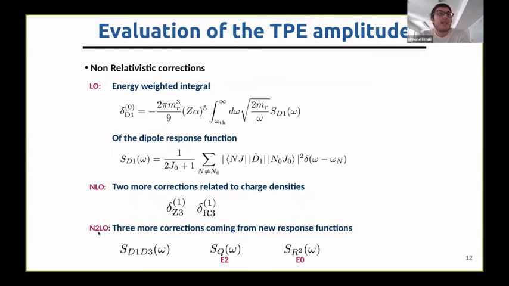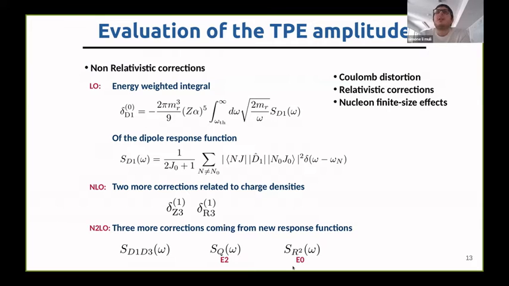And then at the next leading order, we found three more corrections coming from three new response functions. I just want to mention that this SQ is an electric quadrupole response function, whereas this SR squared is an electric monopole response function. And then we have other corrections.